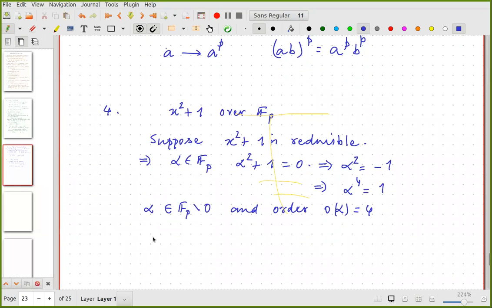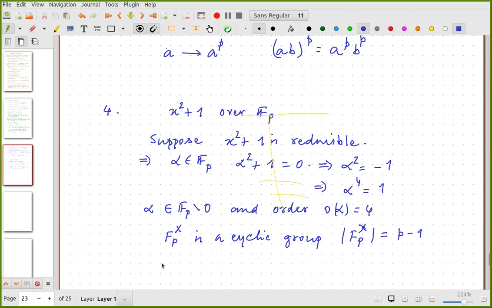That's the multiplicative order. So this is the order of alpha in the multiplicative group of non-zero elements, which we wrote like this. This is a cyclic group, and the order of the group is p minus 1, since it just misses one element, namely 0, from the field.